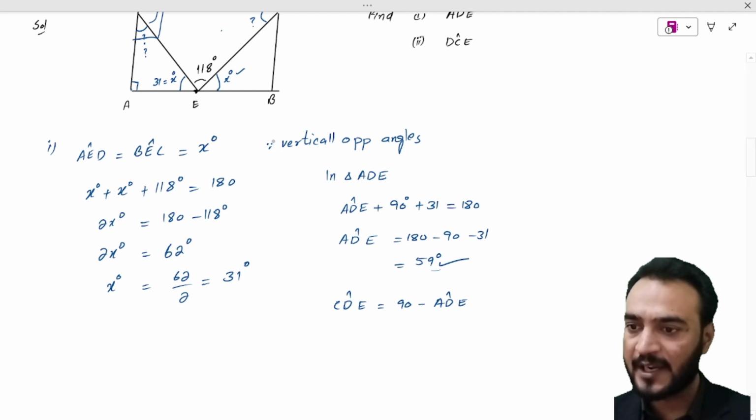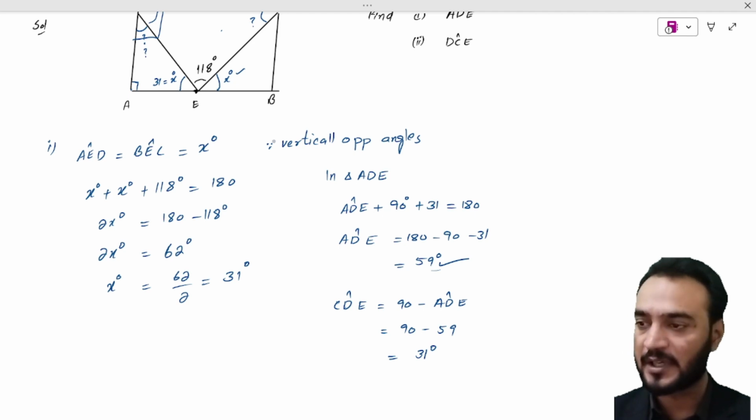So the angle ADE is 59 degrees, so CDE is equal to 90 minus 59, and this angle is equal to 31 degrees. CDE is equal to 31 degrees.